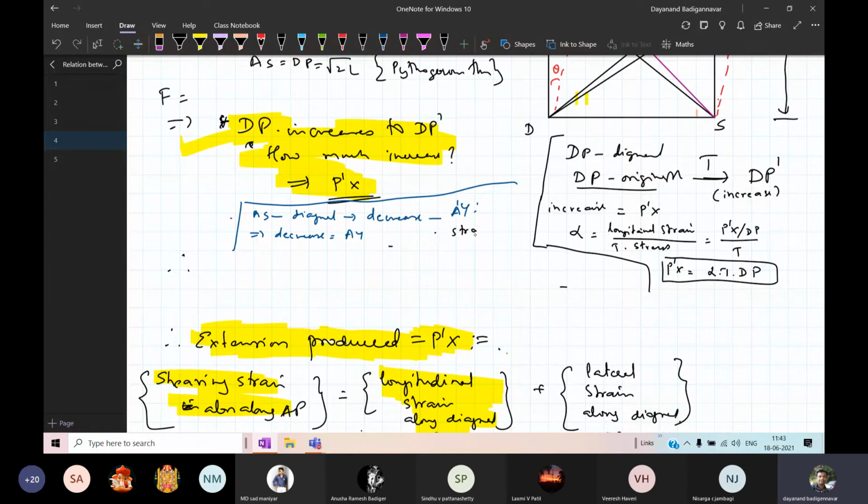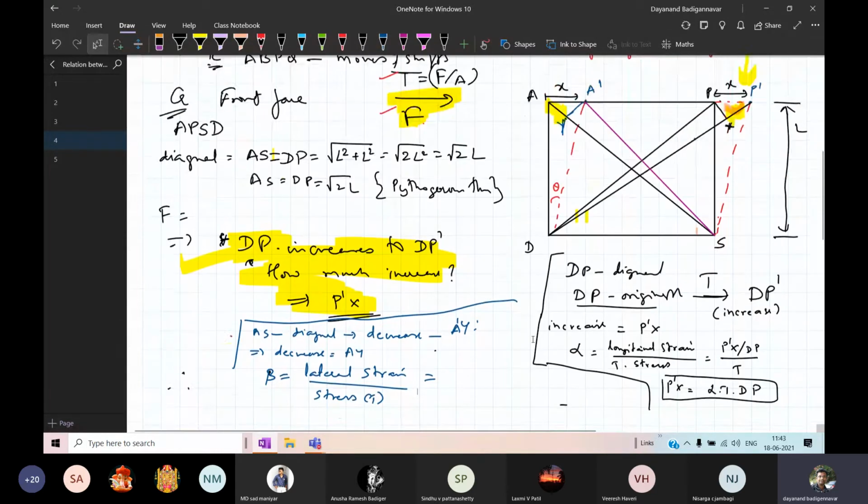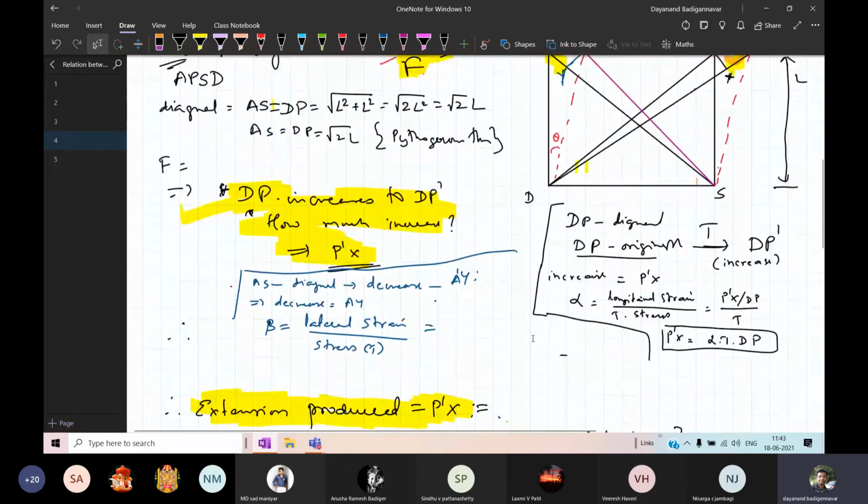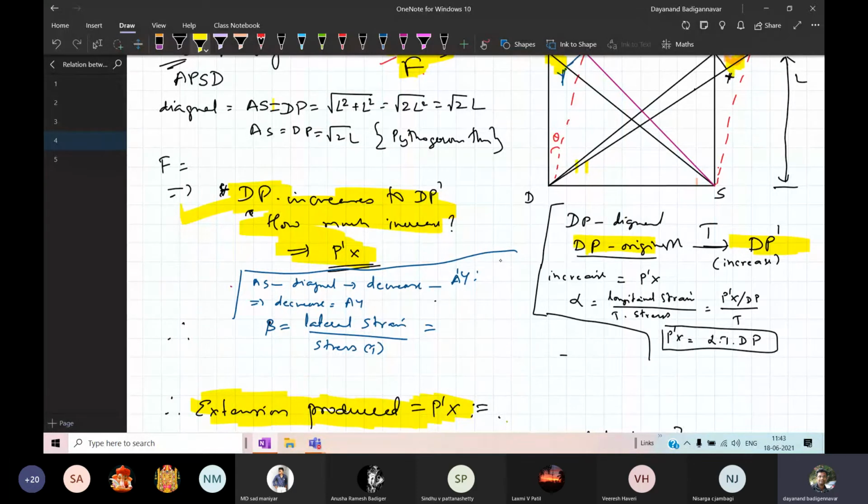ಏನಿದು beta ಅಂತಂದ್ರೆ, so beta is nothing but lateral strain coefficient. It's given by lateral strain divided by the stress t. ಹೌದಾ? Lateral strain ಅಂತಂದ್ರೆ ಏನಿದು? Lateral strain ಅಂತಂದ್ರೆ change in dimension perpendicular to the dp. ಇದೇನ್ dp ಐತಲ್ಲ, ಇನ್ಕ್ರೀಸ್ ಆಗೈತಿ, ಅದ್ರ ಪರ್ಪೆಂಡಿಕ್ಯುಲರ್ ಆಗಿ ಡಿಕ್ರೀಸ್ ಆಗಿರ್ತೈತಿ ಇದು. ಸೊ therefore decrease perpendicular ನೋಡ್ರಿ.